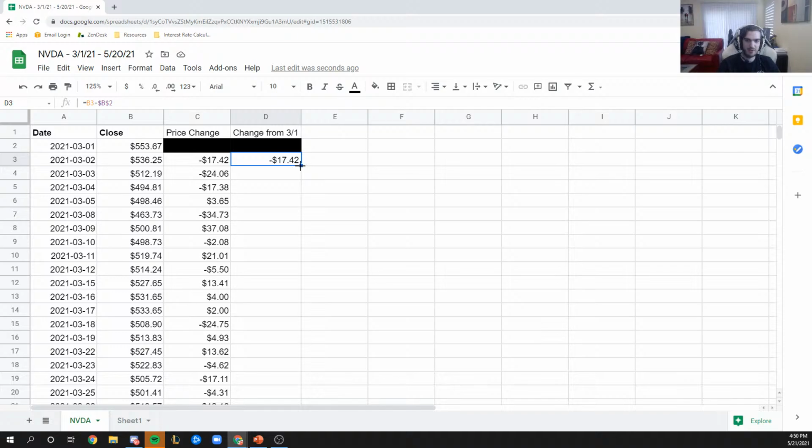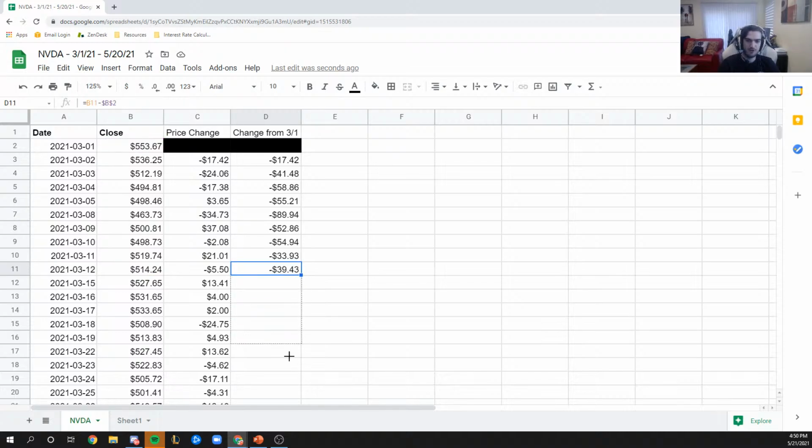But when we drag this down, those look different because now this first number is changing. B11 is changing. It's going down as the formula goes down. But B2 is not. B2, because it has a dollar sign before the letter and the number, will always be B2.